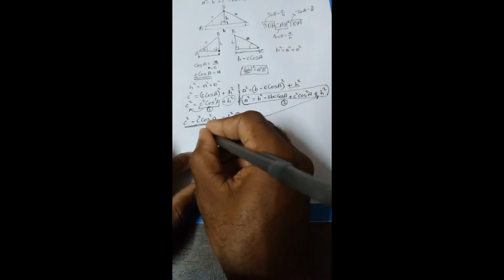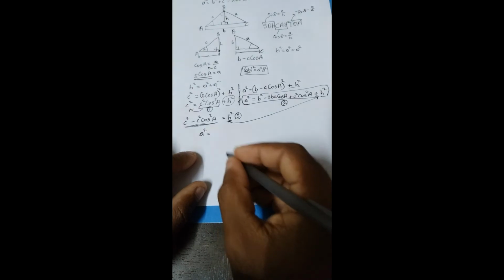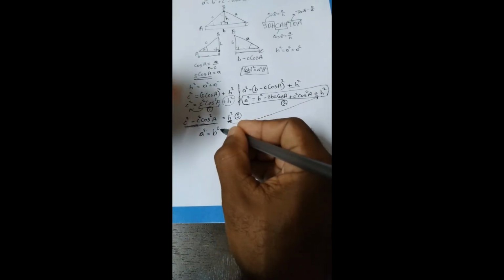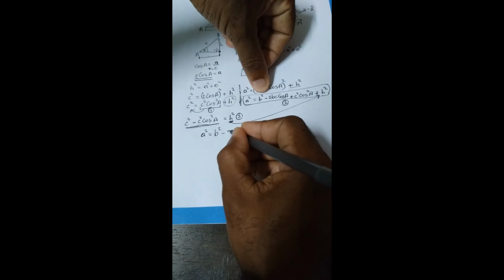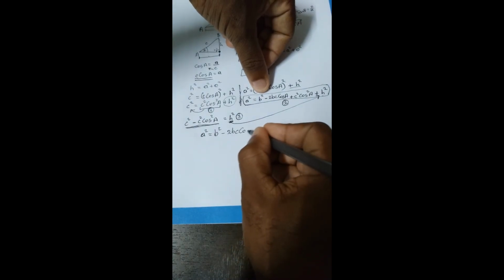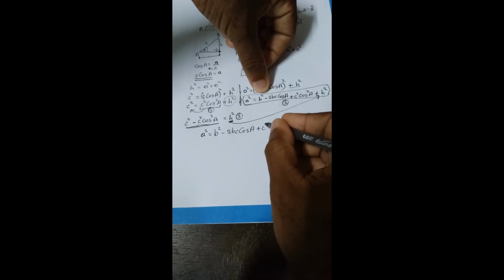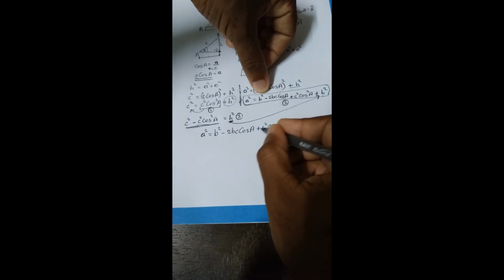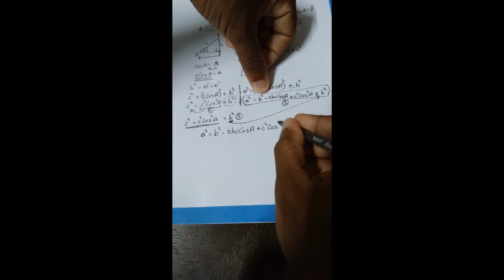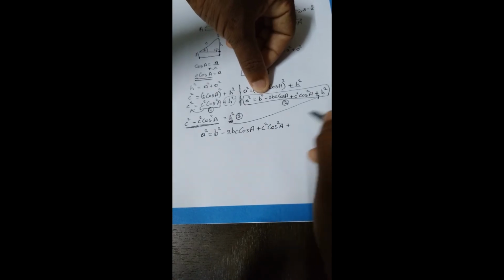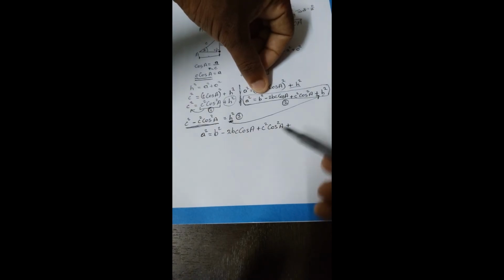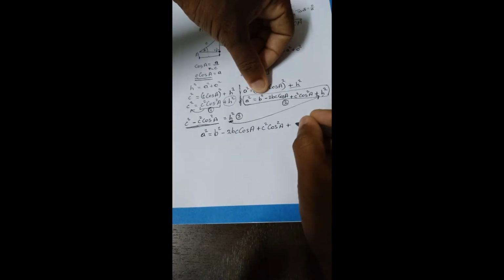So I'm going to have a squared equal to b squared, which is this, minus 2bc cos A, plus c squared cos squared A, plus, remember right here we should have had h squared, but what is h squared? h squared is c squared minus c squared cos squared A.